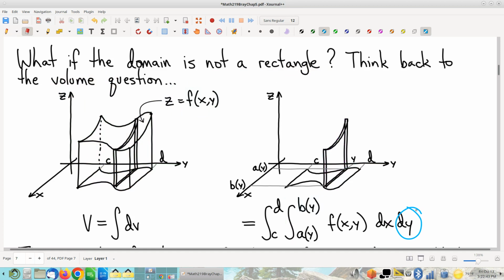The one little difference is that this integral that represents the cross-sectional area, that integral has bounds. For example, let's think of the lower bound here, that moves as y moves. So as you move across in this direction, as y varies from c to d, you get these different cross sections.